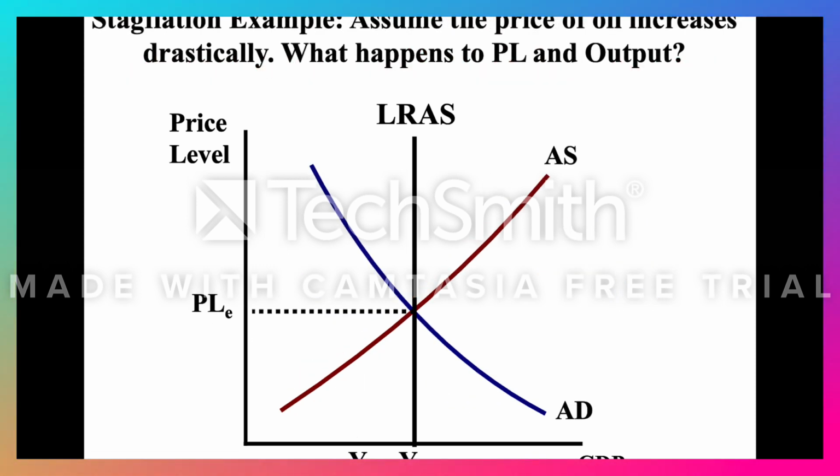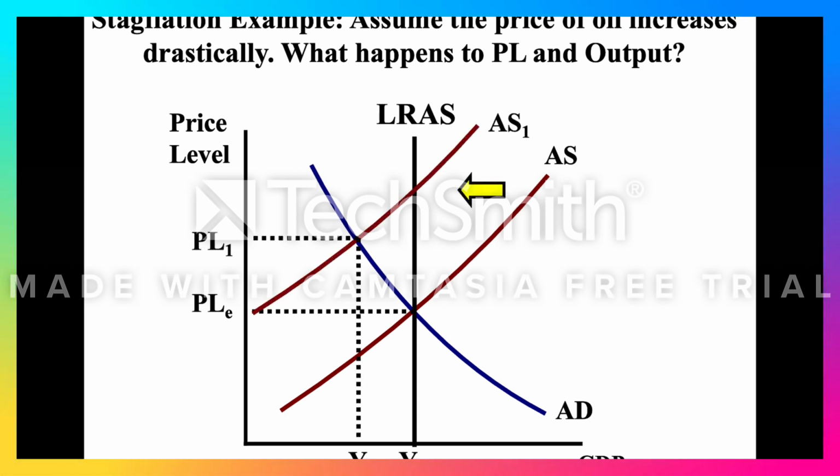So now we have a new situation. We have another recessionary situation, in this case, stagflation. So remember, this is the worst situation because prices are higher and unemployment is going up and our growth is also falling. So we have a shift left, oil shock, price of oil dramatically goes up.